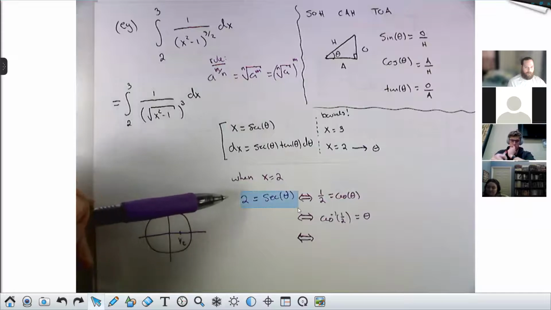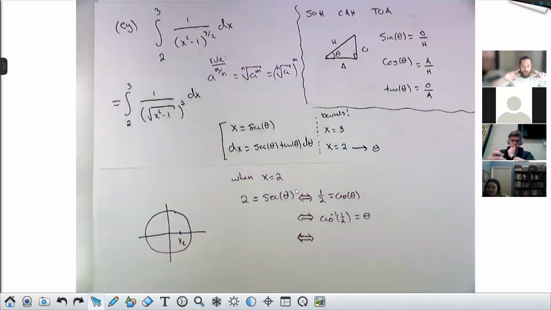So that gets me to this. Now taking reciprocals on both sides, flipping both sides over, I'm able to rewrite that as 1/2 equals cosine theta, because cosine is the reciprocal of secant.